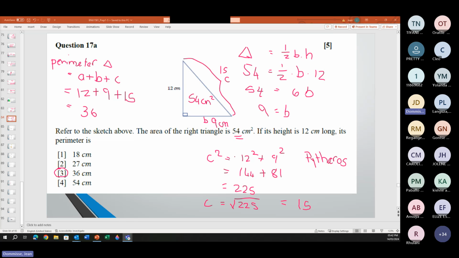Okay, so first we needed to work with the area that they give us, work out the base, and then with that base, so you've got the base, then we get with it how to work out the opposite side by Pythagoras.